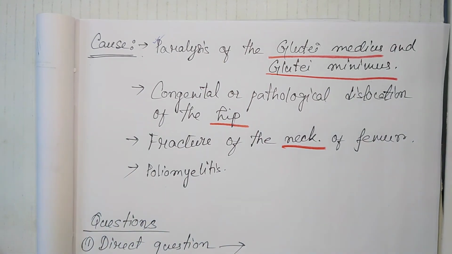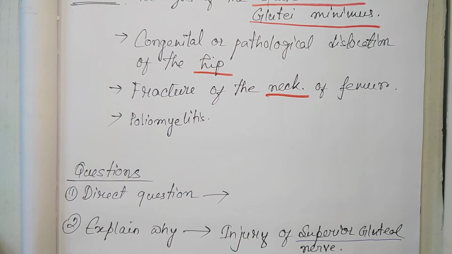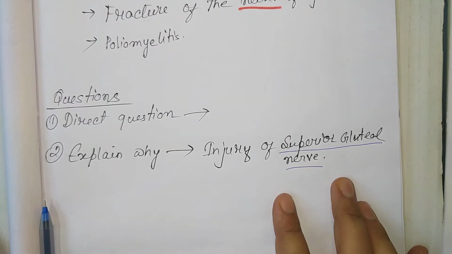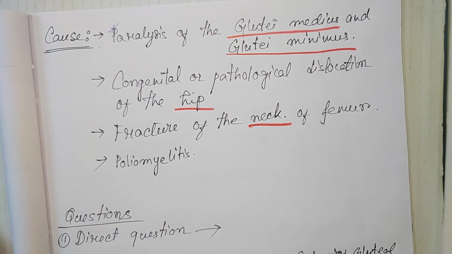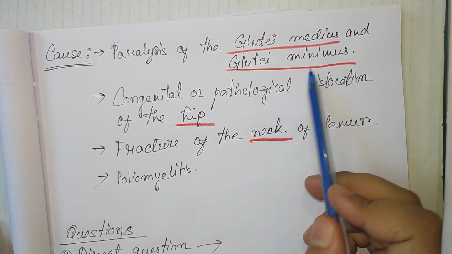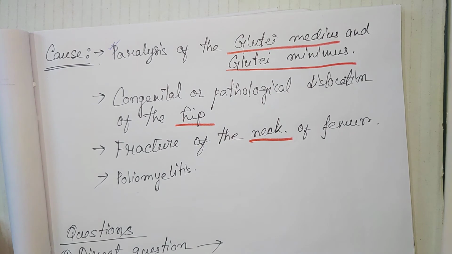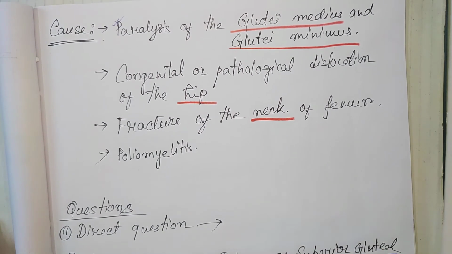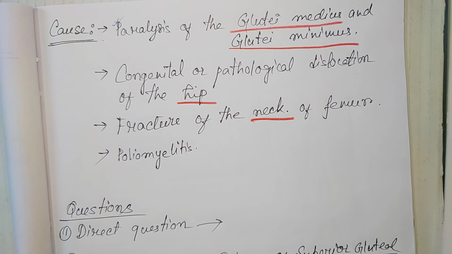Okay, so since superior gluteal nerve is injured, supply to these muscles will be hampered. Okay, and since these muscles are now paralyzed, they'll not be able to raise the pelvic portion of the unsupported side, and that will just show the positive Trendelenburg sign. So this is the answer of the explain why.